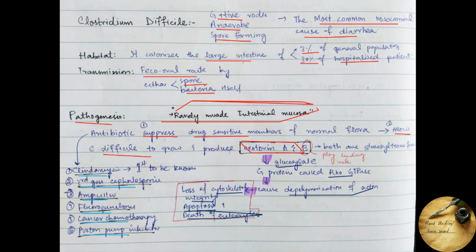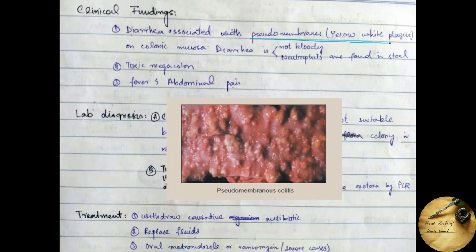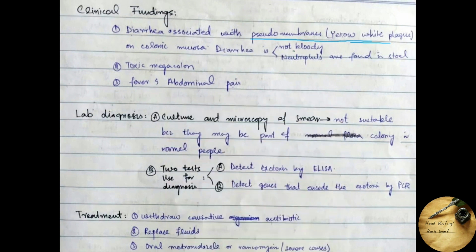Coming towards the clinical findings, it causes pseudomembranous colitis, which is a disease characterized by diarrhea associated with a pseudomembrane. This pseudomembrane is a yellow-white plaque on the colonic mucosa. Diarrhea is usually non-bloody and neutrophils are found in stool. It also causes toxic megacolon, fever, and abdominal pain.